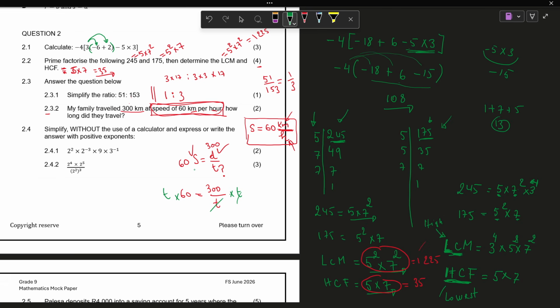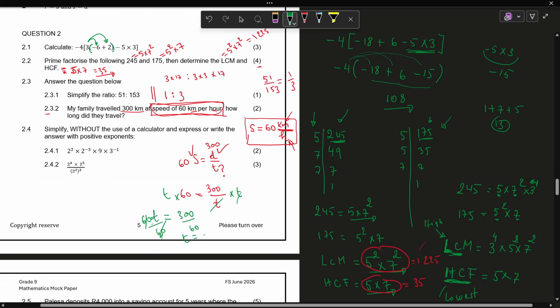So 60t will be equal to 300. And then to find t, you divide by 60 on both sides. You have now t equals 300 over 60, which is 5.